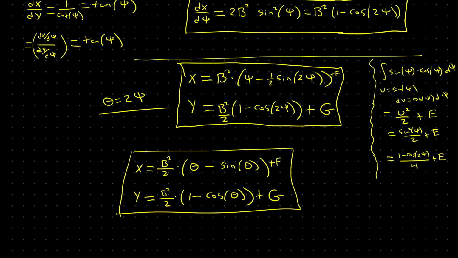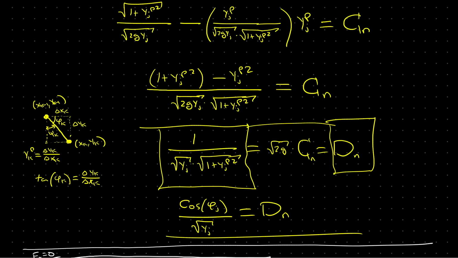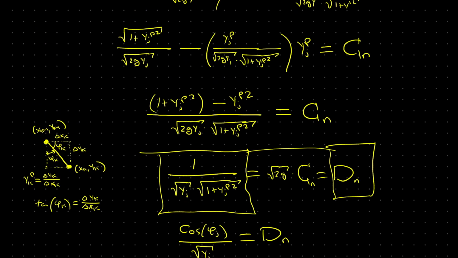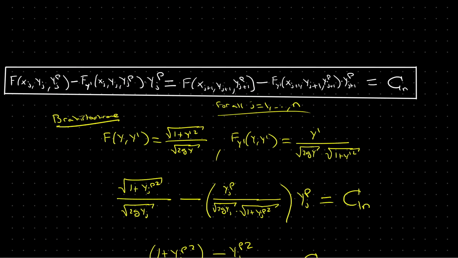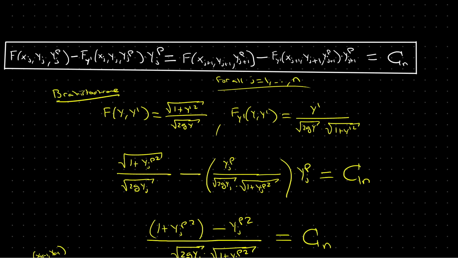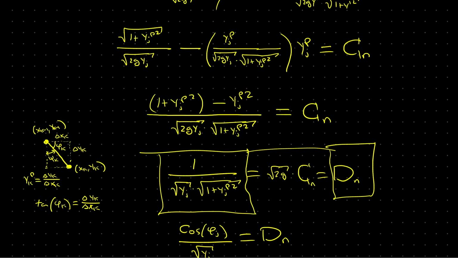What's interesting as well is that even if we take a step back and we go to the system of discrete equations that need to be satisfied, and we go through and try and solve this system, we can even see that the discrete system is converging to the cycloid. Now, there's going to be a little bit of an issue.